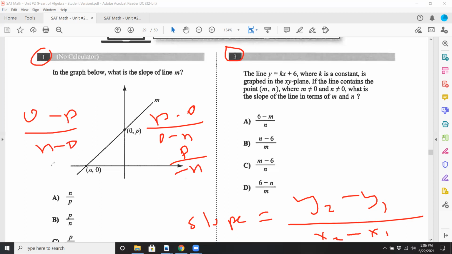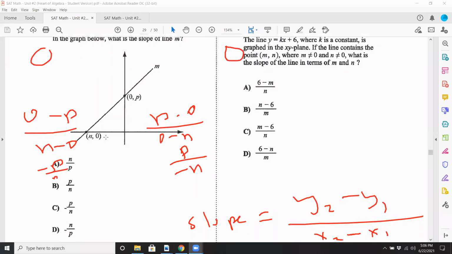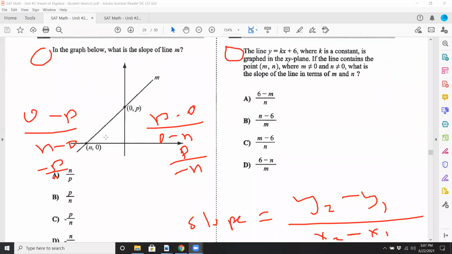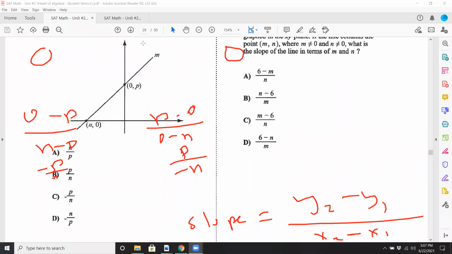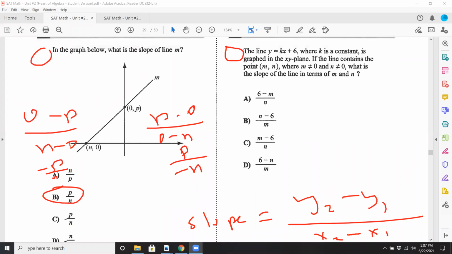Either way, you still get negative P over n. So it's going to be C. Yes, you can reverse the order, but it's still the same thing.